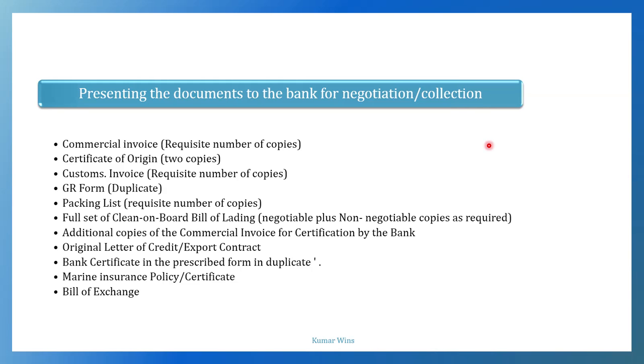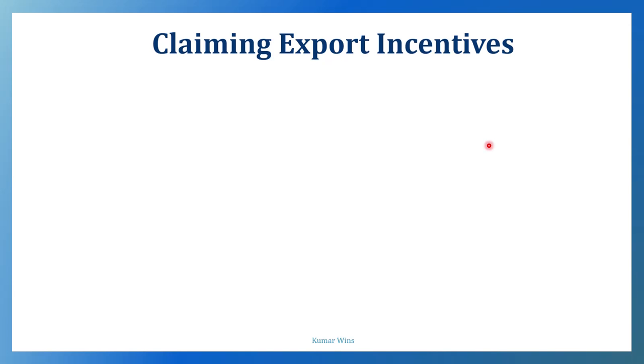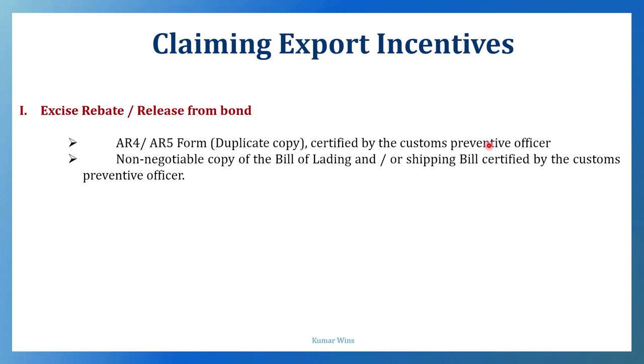Then the original letter of credit or export contract. Then bank certificate in the prescribed form in duplicate. Then marine insurance policy certificate. Then bill of exchange.